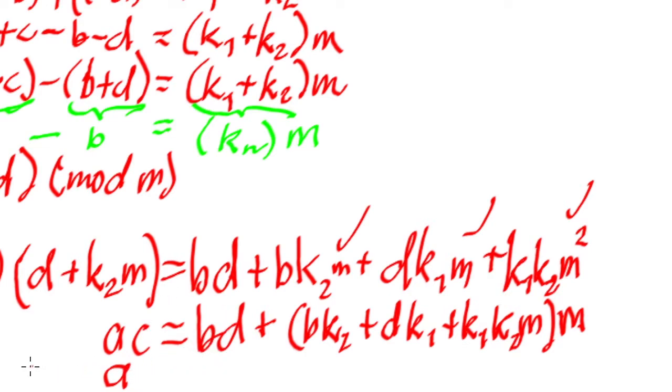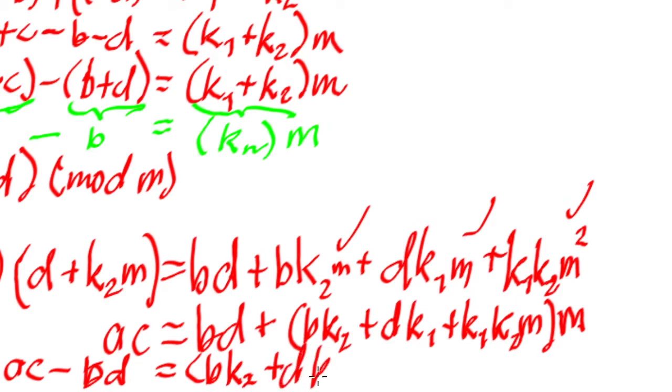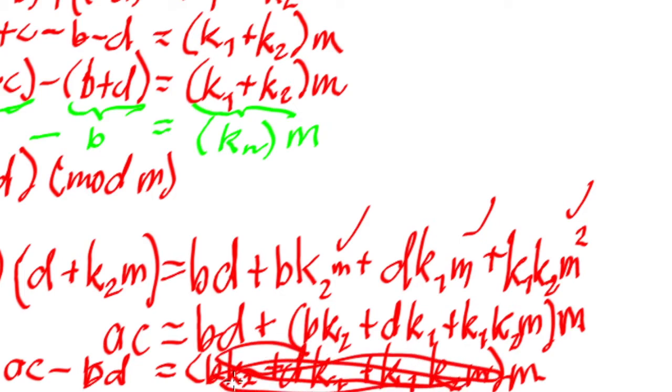What we have is AC minus BD is equal to BK sub 2 plus DK sub 1 plus K sub 1 K sub 2 M, all times M. This is just a random arbitrary integer, so we can think of it as a big integer.